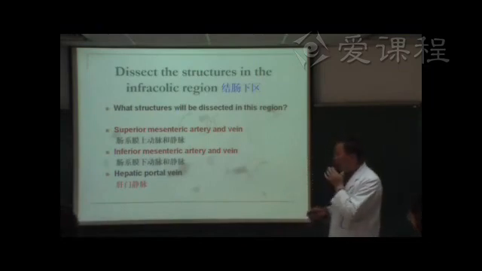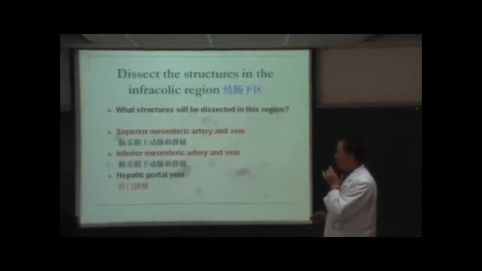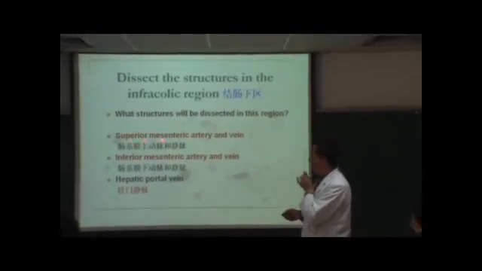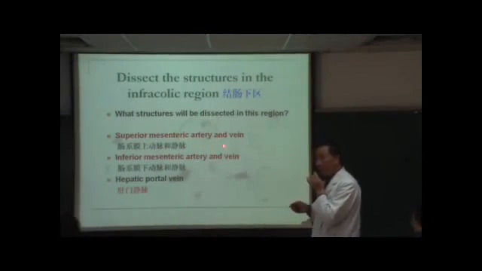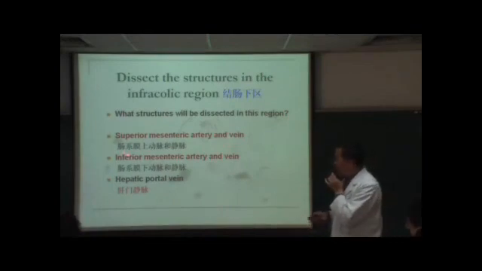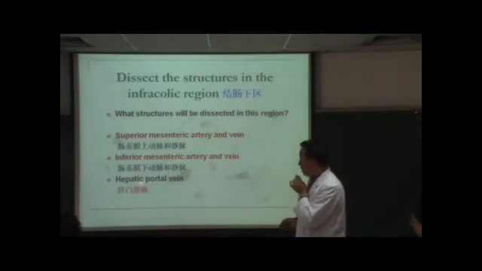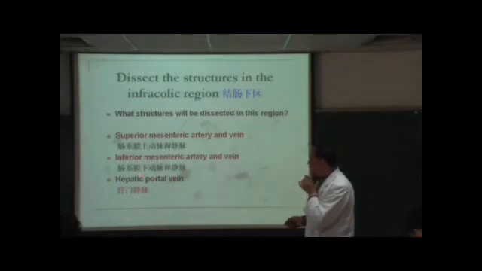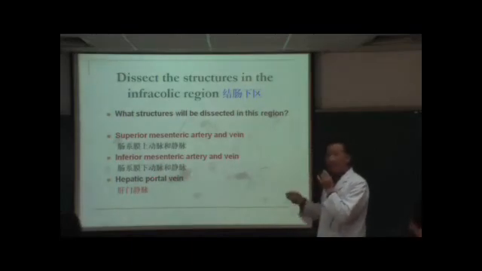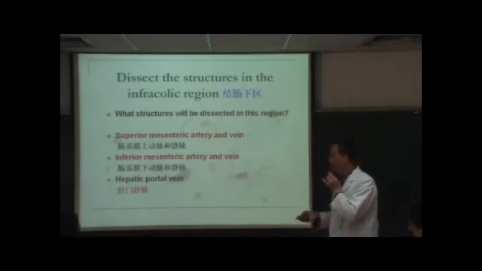First of all, we should dissect the arteries, including the superior mesenteric artery and its accompanying veins, the inferior mesenteric artery and its accompanying veins. Then the hepatic portal vein. Besides this, we also will dissect other structures. Later I will tell you.